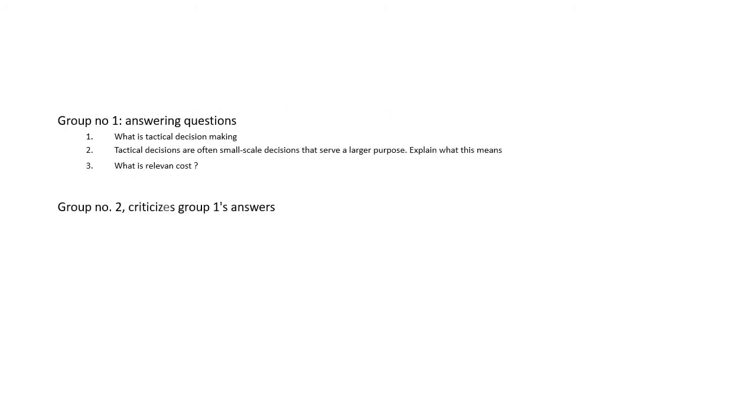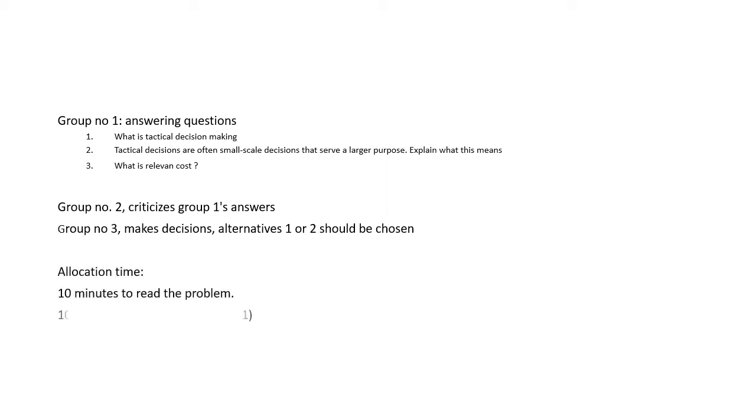Explain what this means. What is relevant cost? Group number 2 becomes the group that criticizes group number 1's answers. Group number 3 becomes the group that decides whether alternative 1 or 2 should be chosen.